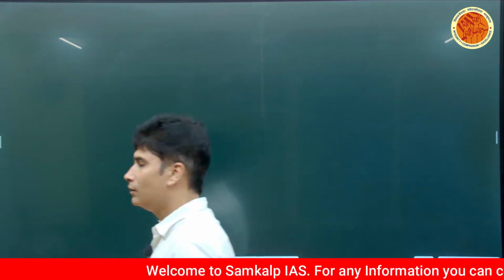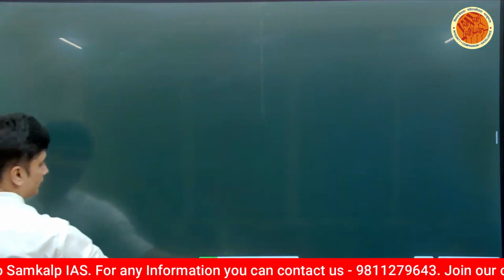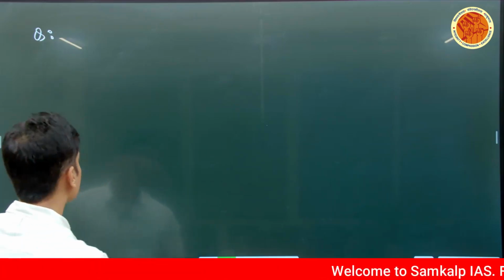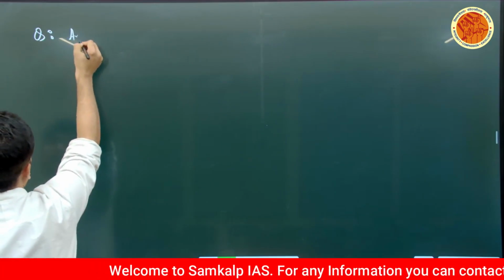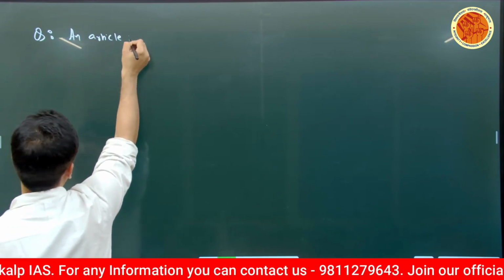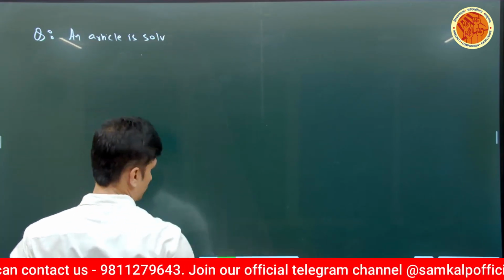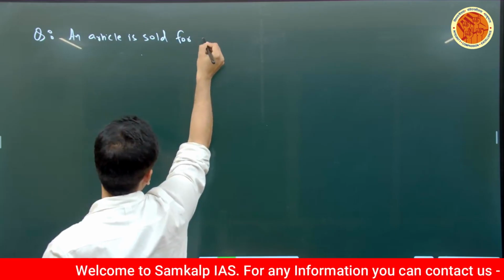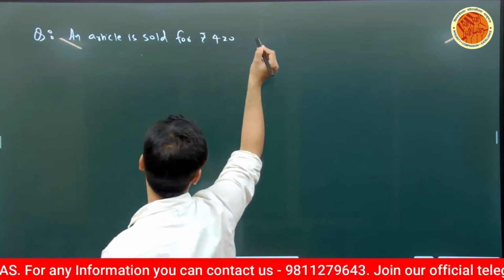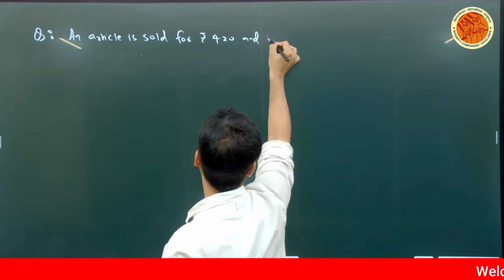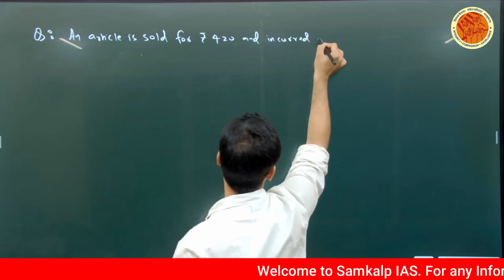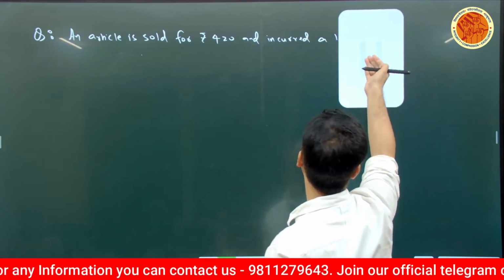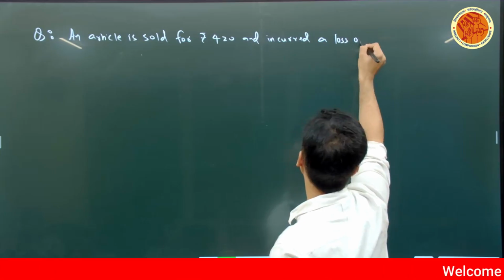Written now. An article is sold for rupees 420 and incurred a loss of 30%.